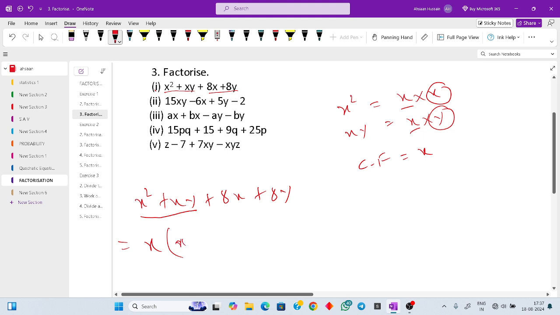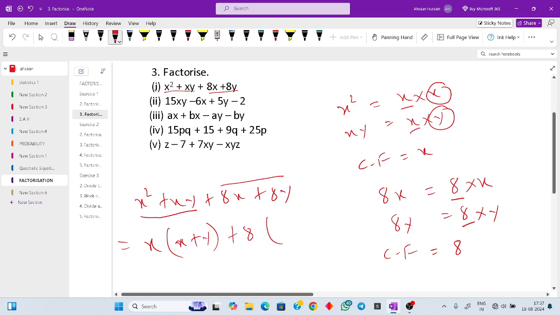So x plus y. Now we'll take the common factor of these two terms. 8x means 8 multiplied x and 8y means 8 multiplied y. So common factor is 8. That is positive 8. So write plus 8. And here x is left and here y is left. That is positive y.